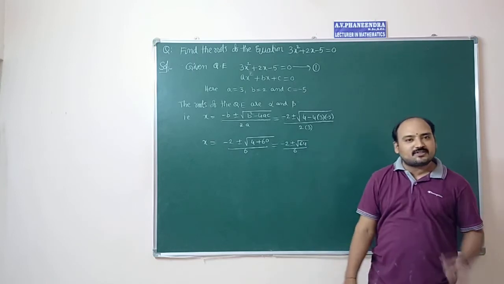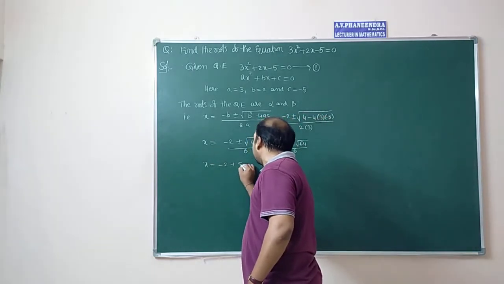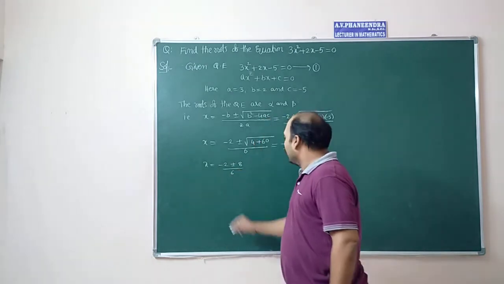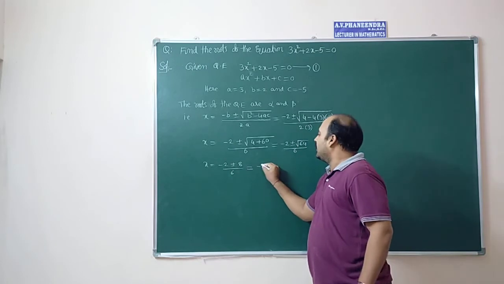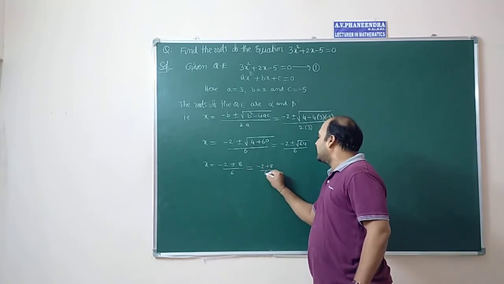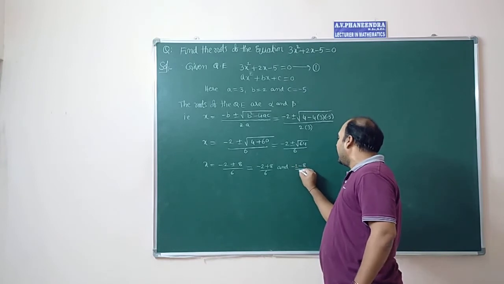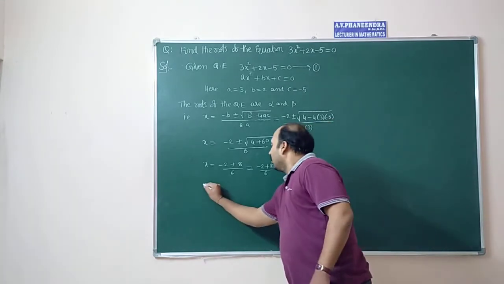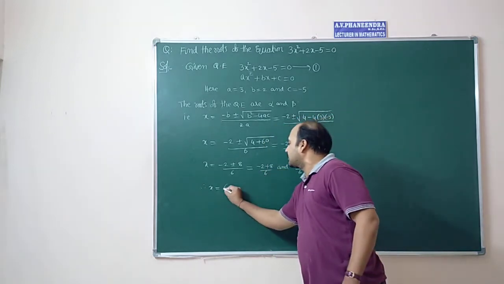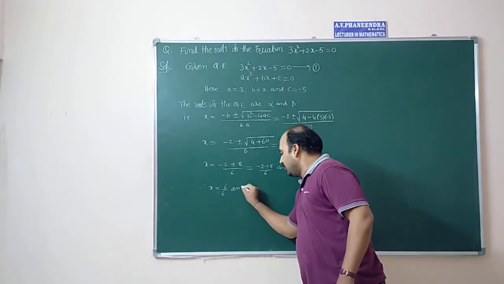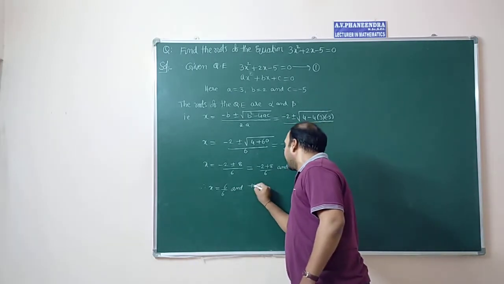Root 64 is 8. Therefore, x is equal to minus 2 plus or minus 8 divided by 6, which is also equal to minus 2 plus 8 divided by 6 and minus 2 minus 8 divided by 6. x is equal to 6 by 6 and minus 10 by 6.